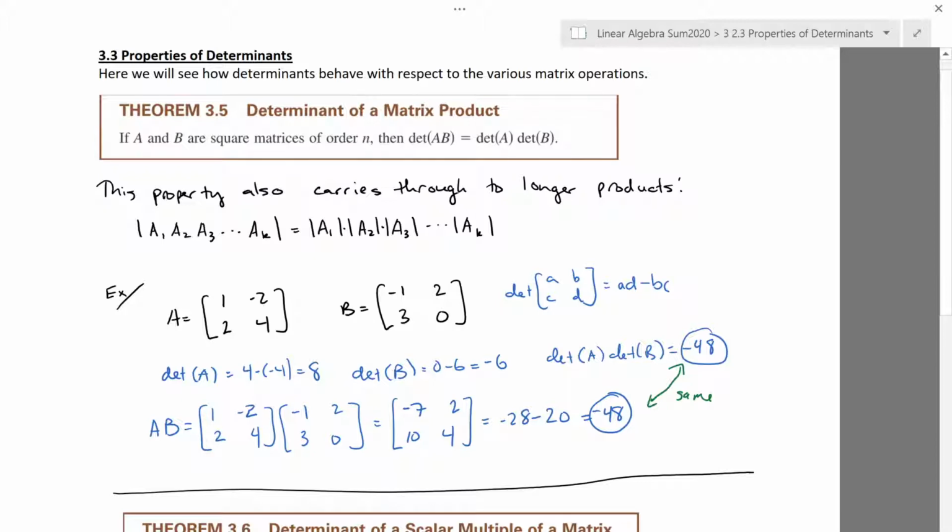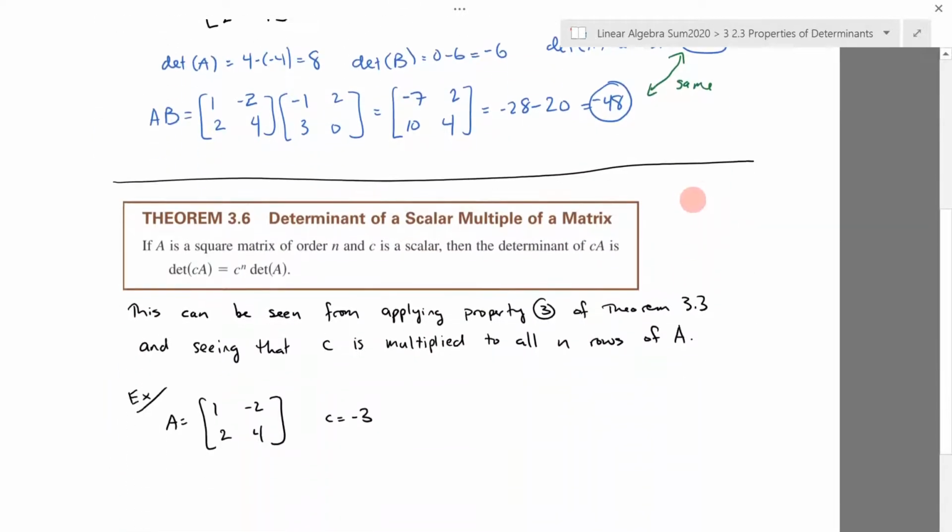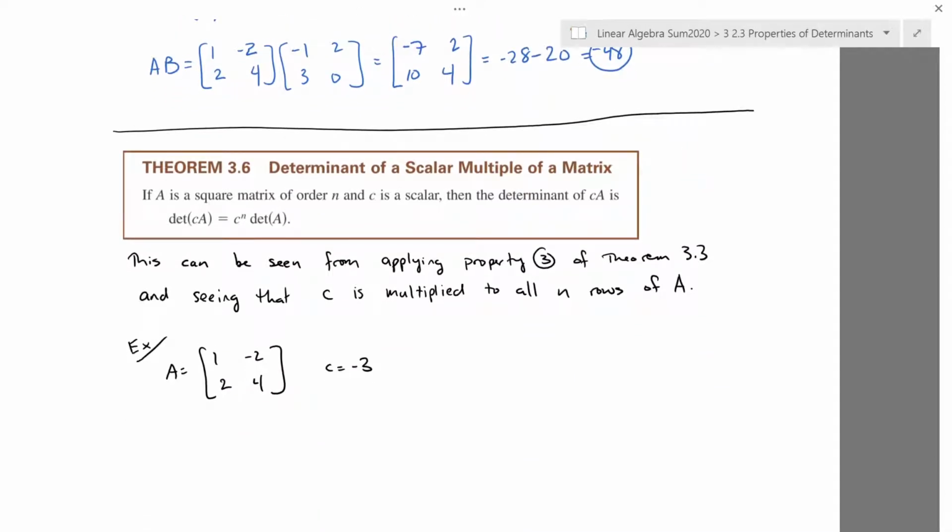Let's look at the next property. Here we look at how the determinant behaves with the next operation we have, which is scalar multiplication. This theorem says that if you first scalar multiply a matrix and then calculate the determinant, it's the same as calculating the determinant of the matrix by itself and then multiplying by that constant to the nth power.